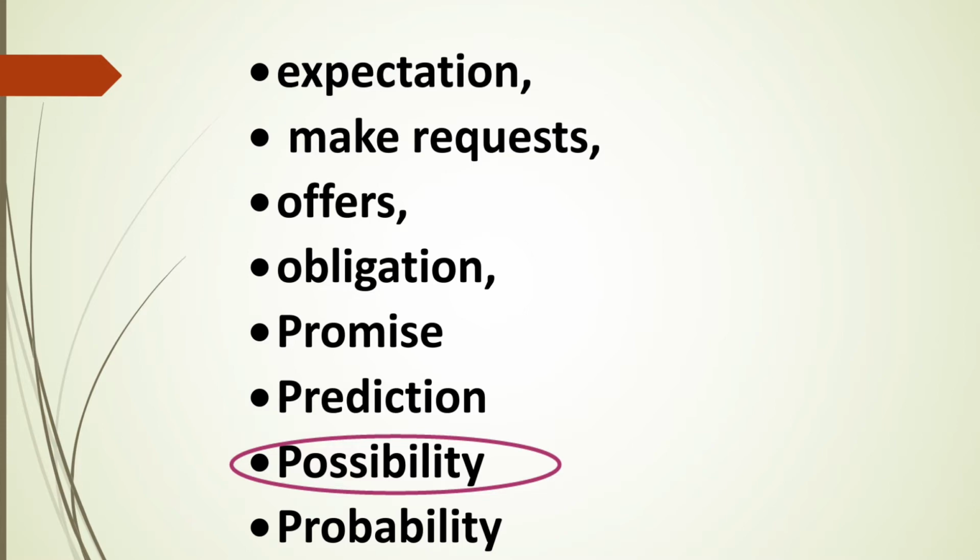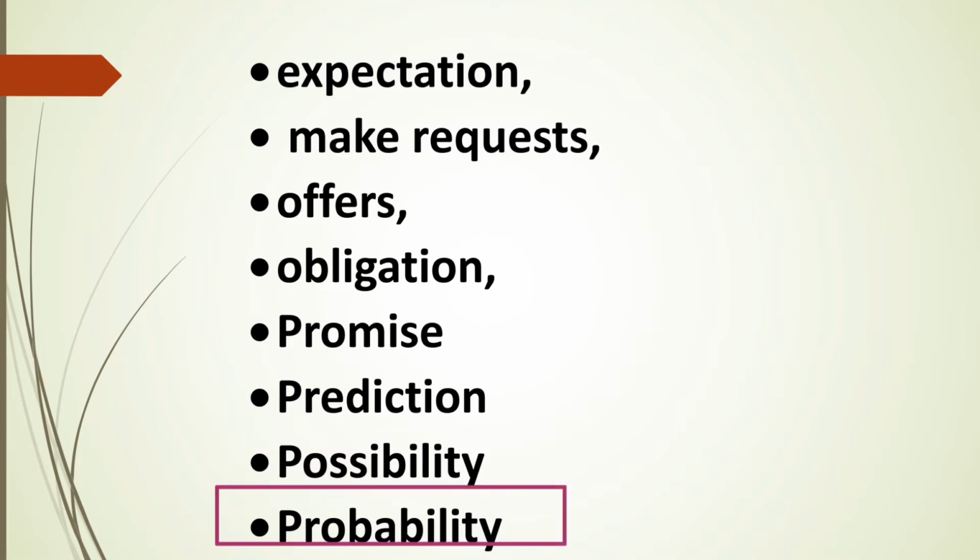Next one, probability. There is a slight difference between possibility and probability. In possibility, any chance can be possible, but in probability only limited chances are there. One among the chances will happen. For example, you have 50 books in your home library.